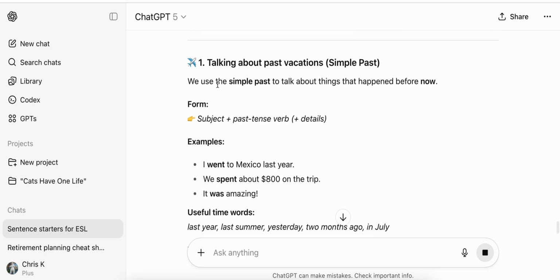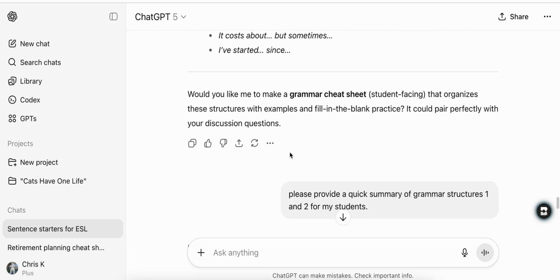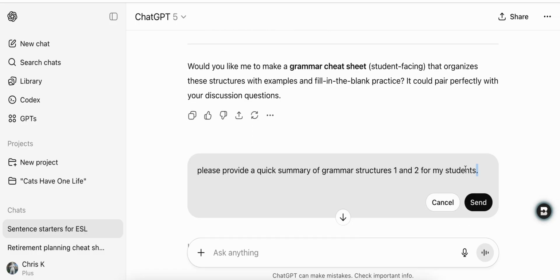Okay, so use the simple past. Simple past? I thought it was simple present. Okay, so it's still not giving me what I want. Okay, so let's edit this. Of simple present for habitual actions and adverbs of frequency as they would relate to these questions.